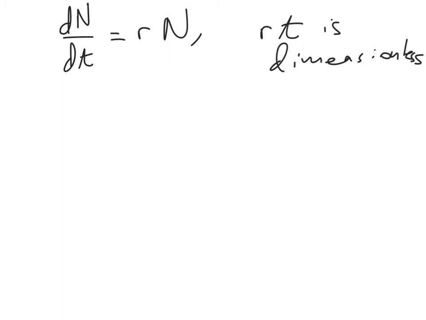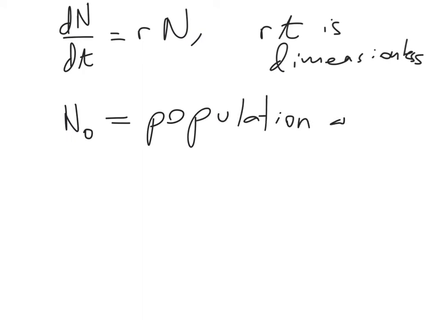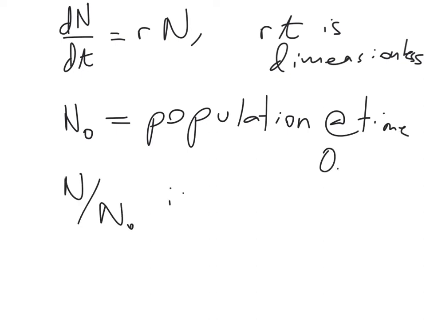So we have a non-dimensional product associated with T, but we haven't been able to deal with N yet. And to deal with N, I'm just going to invent N naught equals population at time 0. N over N naught is dimensionless.